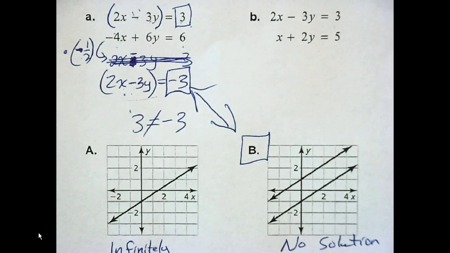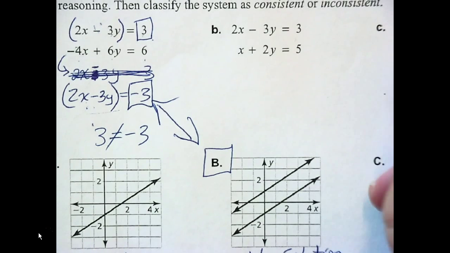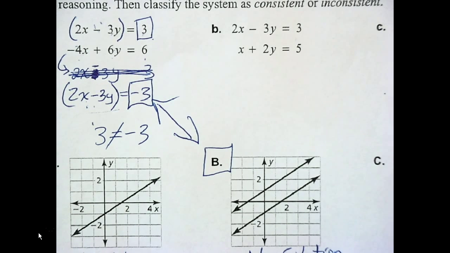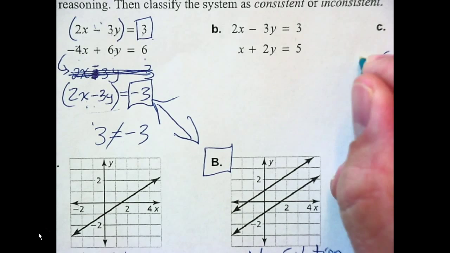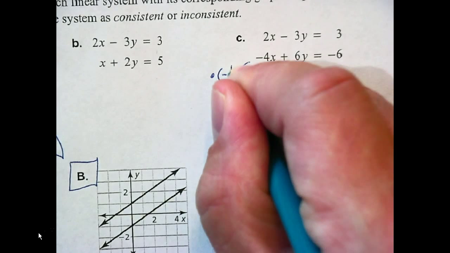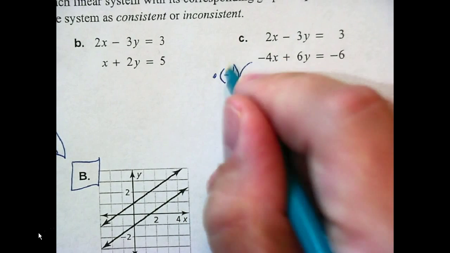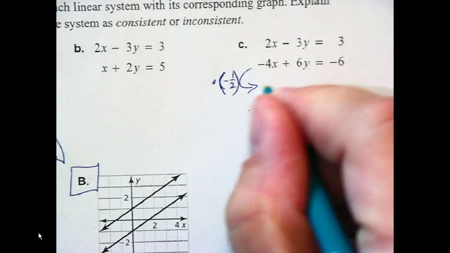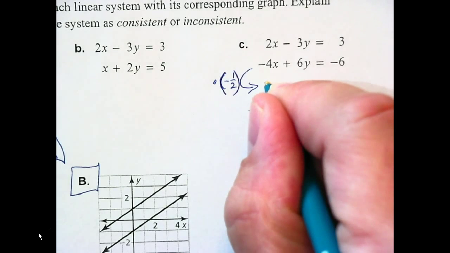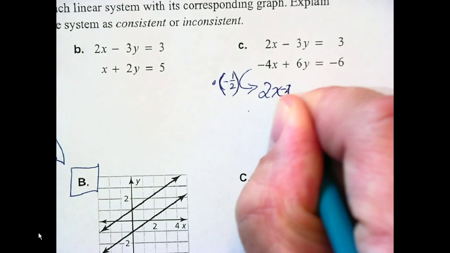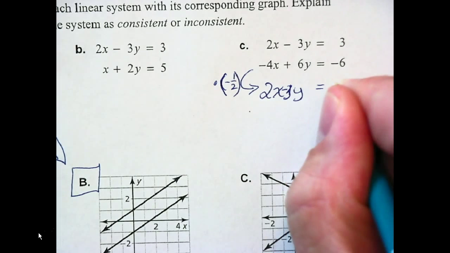All right, now, can I reduce any of these other equations? Yeah, I could. If I take negative 2 out of the bottom, everyone go ahead and reduce the bottom by multiplying it by negative 1/2. Okay, what do we get? 2x minus 3y equals 3.